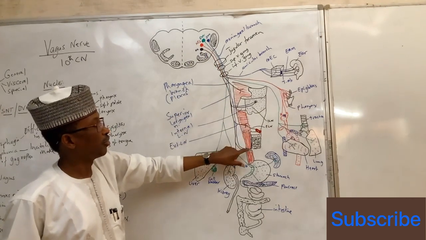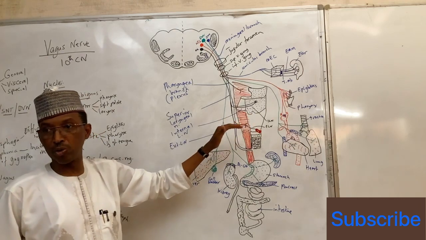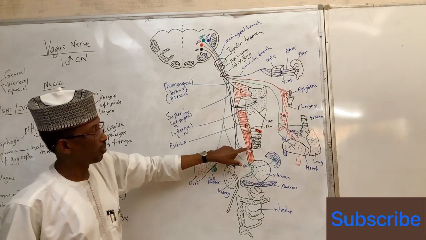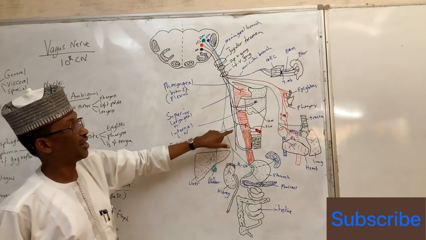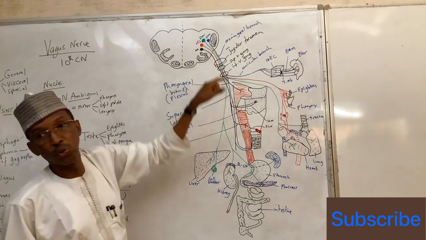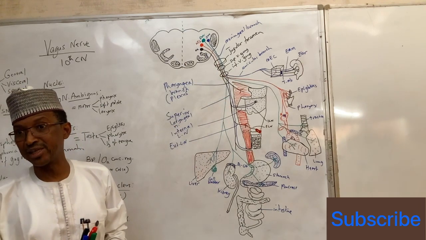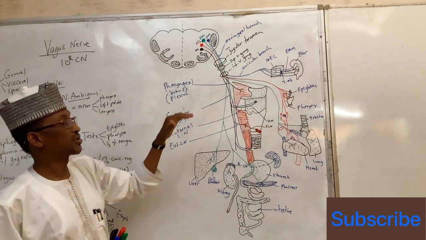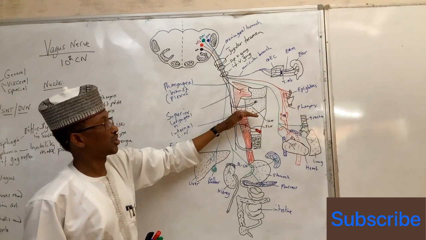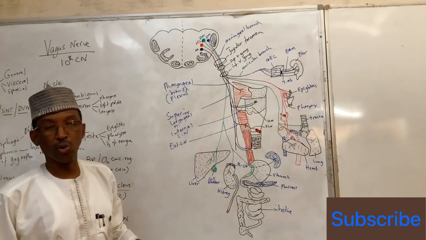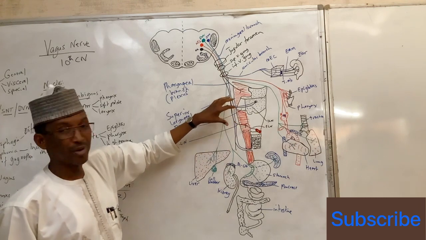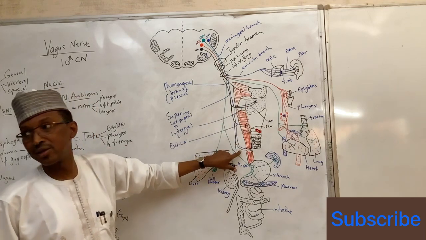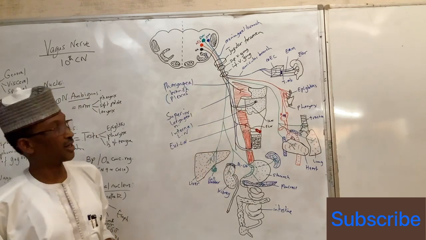Similarly, sensation from the area below the vocal cord, that is pain, touch, temperature, and pressure, follows the recurrent laryngeal nerve, and then it is also taken into the spinal nucleus of the trigeminal nerve before it finally goes into the thalamus. Are you clear? So we have now seen that the sensory information above and below the vocal cord is taken through the branches of the vagus nerve, that is through the internal laryngeal branch and through the recurrent laryngeal nerve.